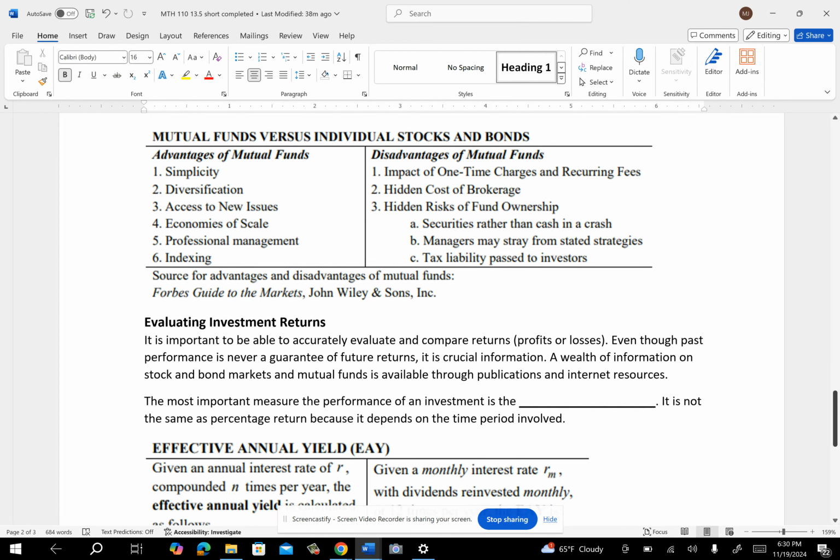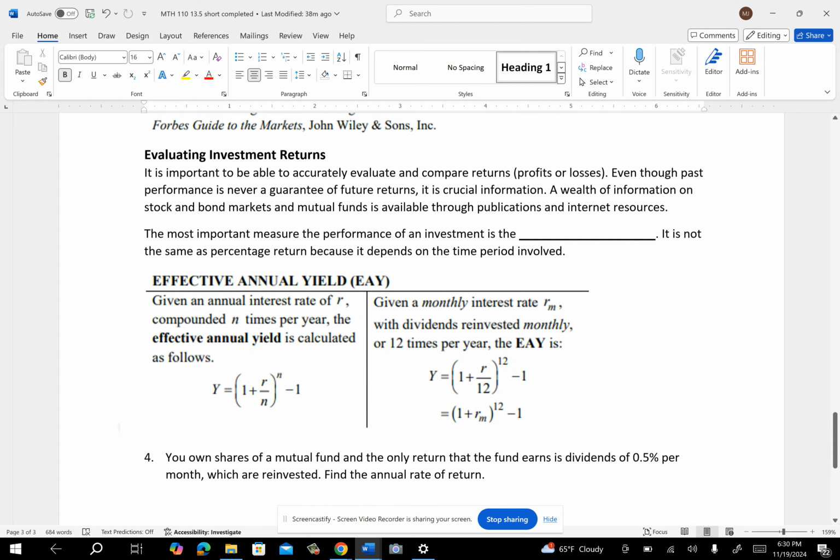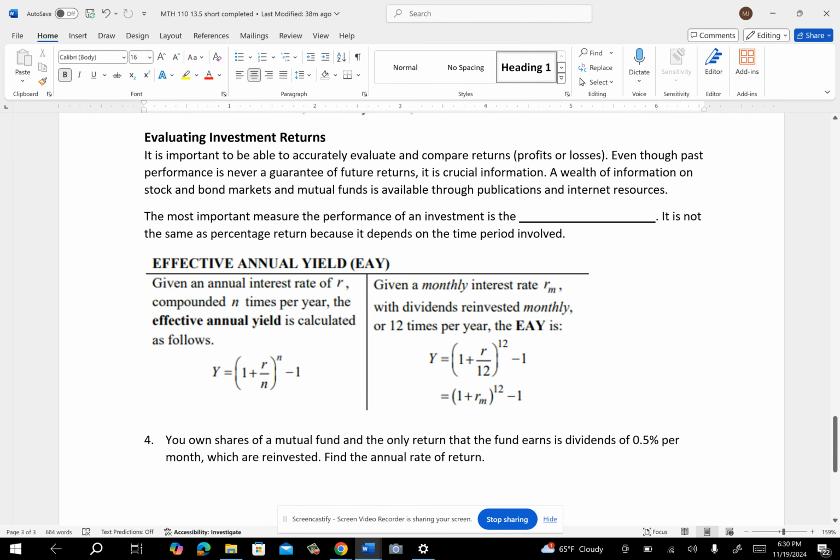All right, let me go ahead, even though it's getting long here, let me go ahead and do this one last thing. All right. To be able to compare investments, this is kind of like effective annual yield that we did with Section 13.2. It's very much like that. Sometimes we just want to be able to compare the return on our investments, okay, so that we have a good sense of, or know which thing we should invest in.